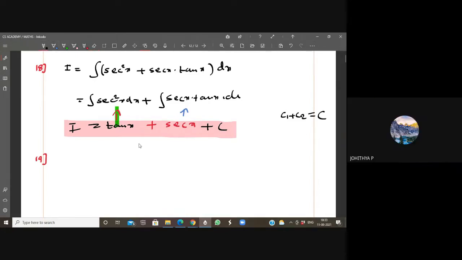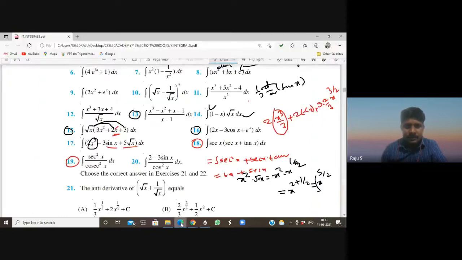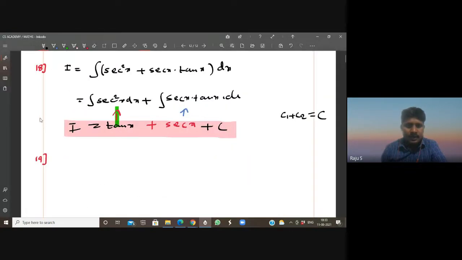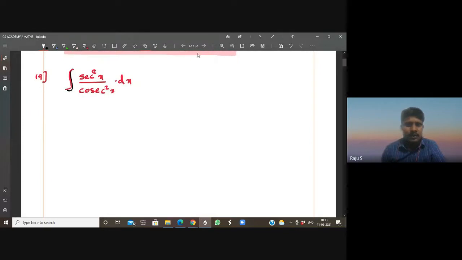Right. Next, secant square x by cosecant square x. See students, if you have any small doubt also you can ask. So secant square x by cosecant square x: is there any formula for u by v?